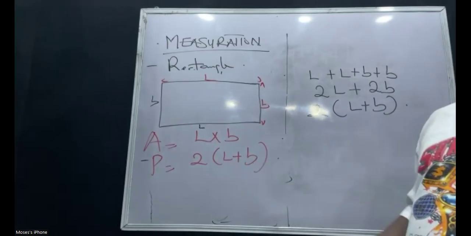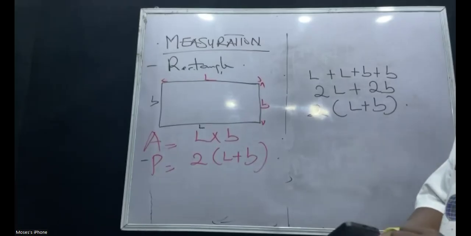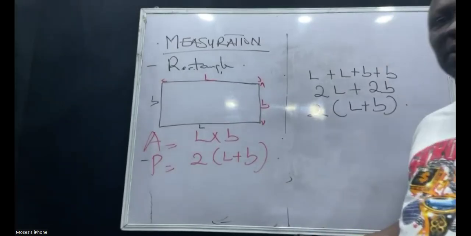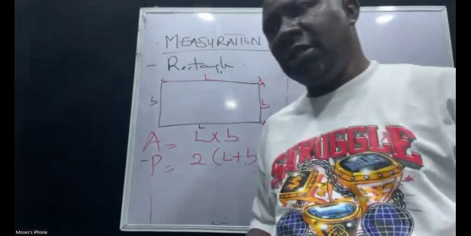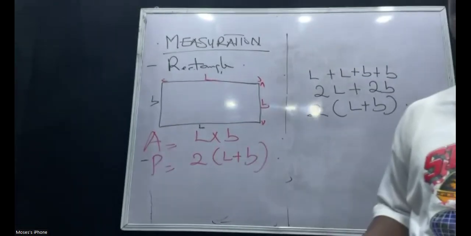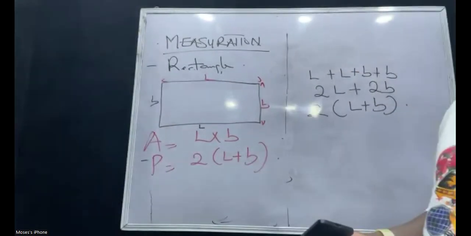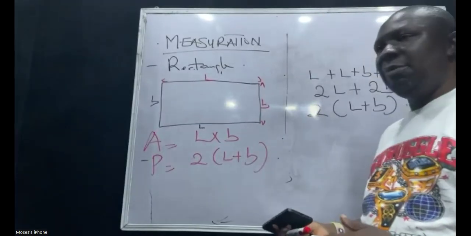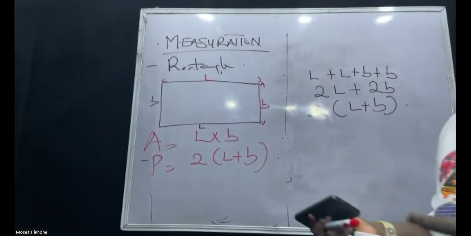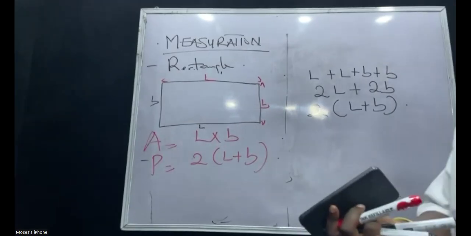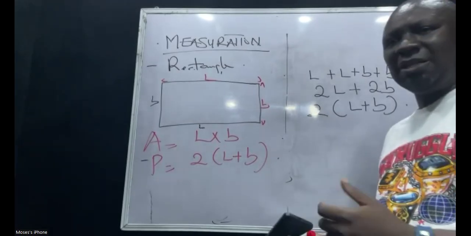Now, if I give you that the length of a rectangle is 3 centimeters. Are you writing it down? Last work. The length of a rectangle is 3 centimeters. The breadth is 2 centimeters. Find the area and the perimeter of the rectangle. Do that in 15 seconds.